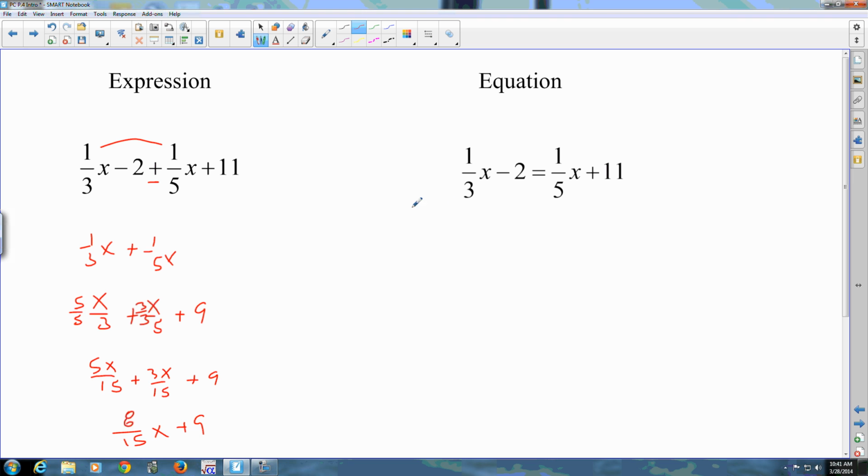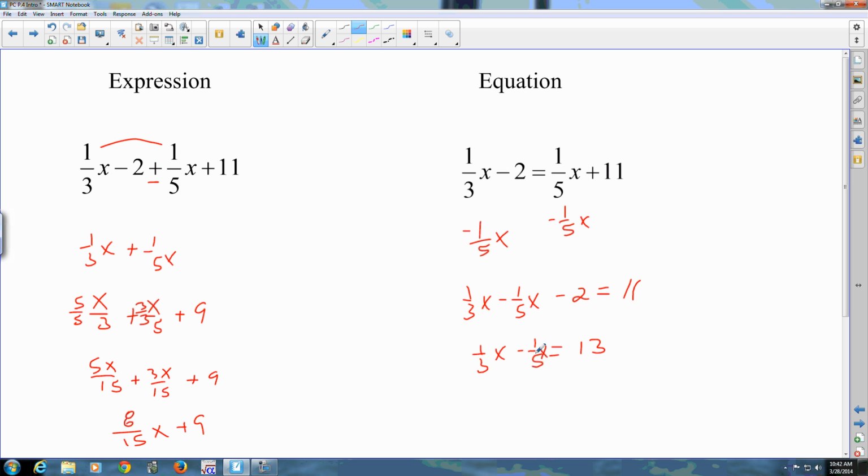Okay, so like on this one, because I have an equal sign, I need to move the 1/5 of an x over to the other side. So I got 1/3 x minus 1/5 x minus 2 is equal to 11. How about move the 2 over, so then I'm just dealing with these fractions on this side. So x is equal to 11 plus 2, that's equal to 13, because I'm going to add the 2 over and get 13.